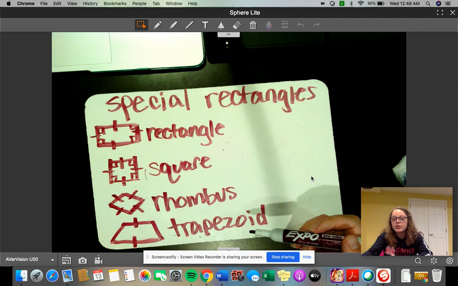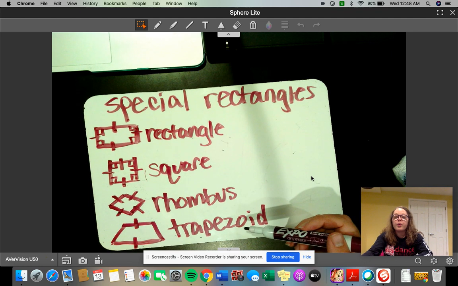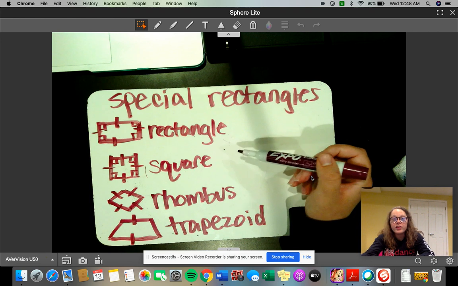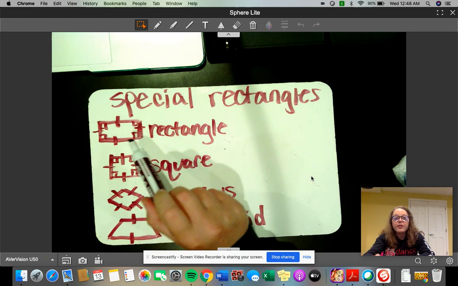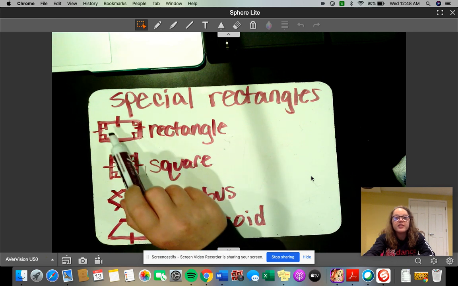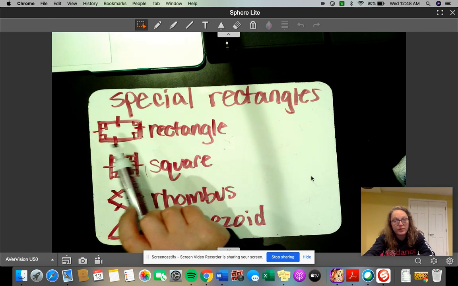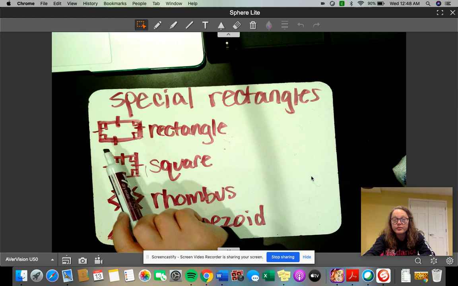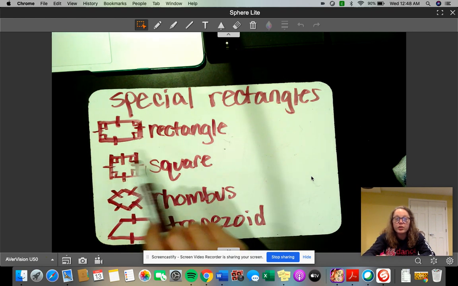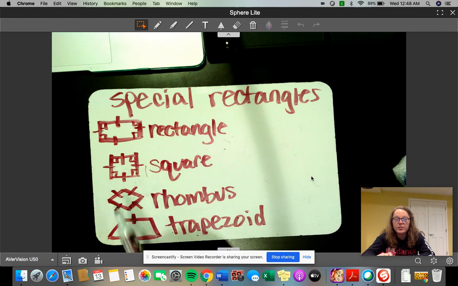So when you get to our homework and you're looking for which ones are which, remember, rectangles have 4 square corners and can have sides that don't have to be the same length. The square is going to have 4 square corners and 4 sides that have the same length.